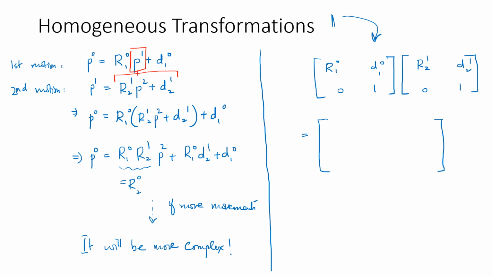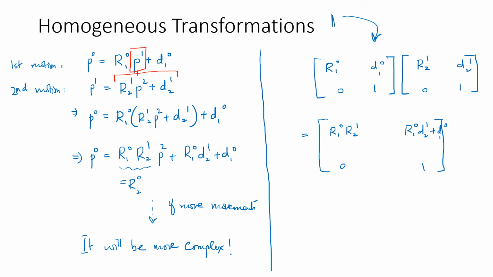So first column would yield R10 times R21 over here, and then the first row second column is going to give us R10 multiplied with D21 added with D10. And then you have second row, which is going to give us 0, and the second element in the second row, which is obviously going to be equal to 1.